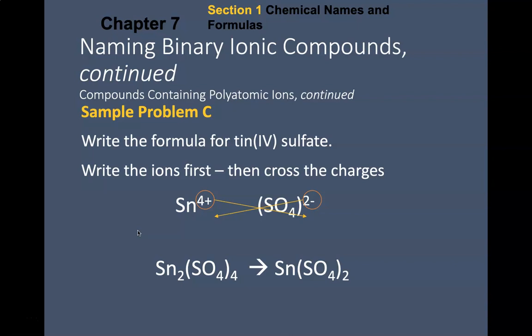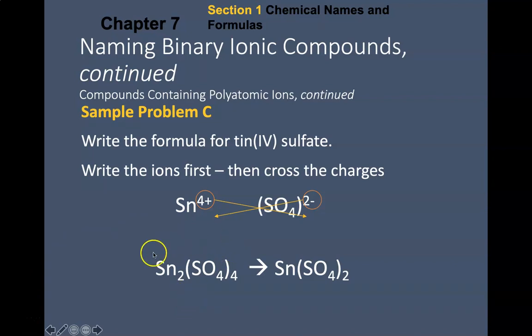The sulfate has a 2- charge, SO4 has a 2- charge. So we're going to write the SO4 in parentheses, and I'm going to put the charge on the outside. The reason is because the next thing we're going to do is follow the rules where we crisscross the charges. So the 4 from the tin becomes the subscript after the SO4, and the 2 from the sulfate becomes the subscript of the Sn.